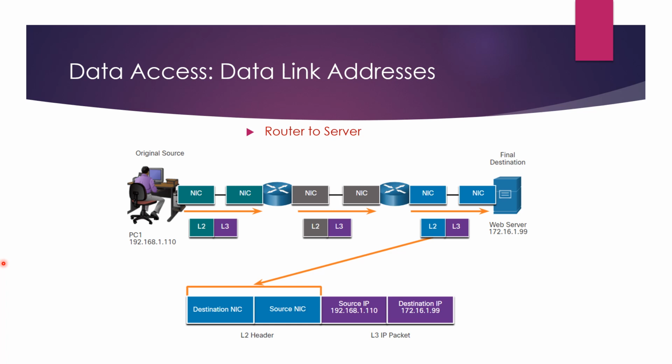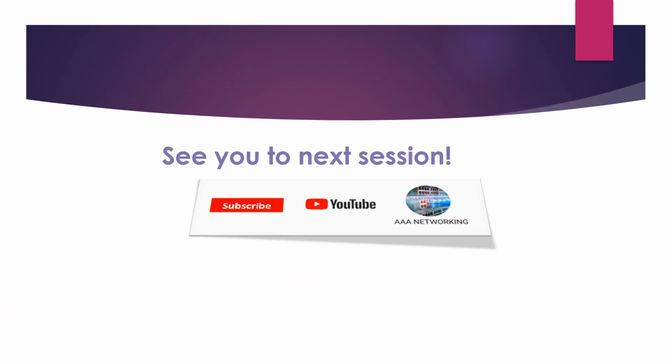The IP packet is encapsulated in a data link frame that contains the following data link information: source data link address and destination data link address. And as we said, this keeps changing at each hop on the way to the destination.